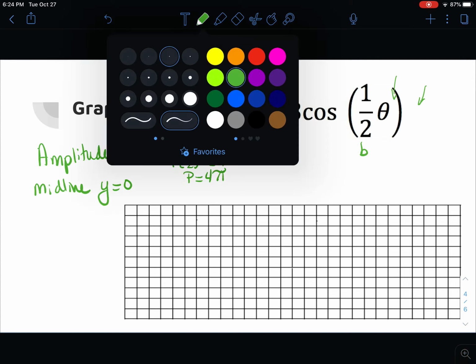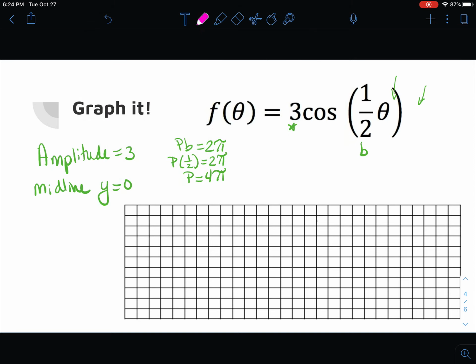All right, let's see what we can get done here. We're moving up and down, so I'm going to go about here, and it's a distance of 4 pi. Let me see here for the period. I think I am going to make every 2 boxes a total of 1 pi.